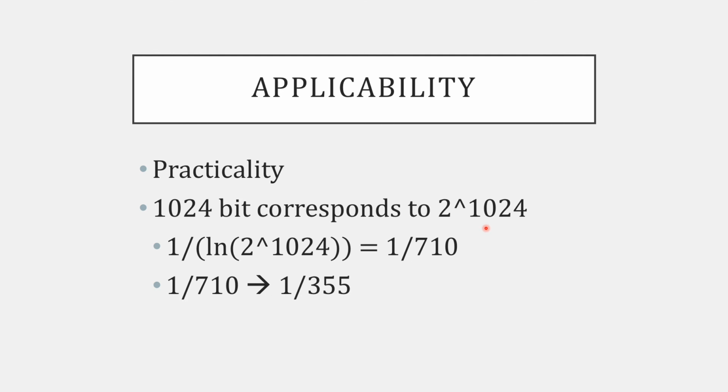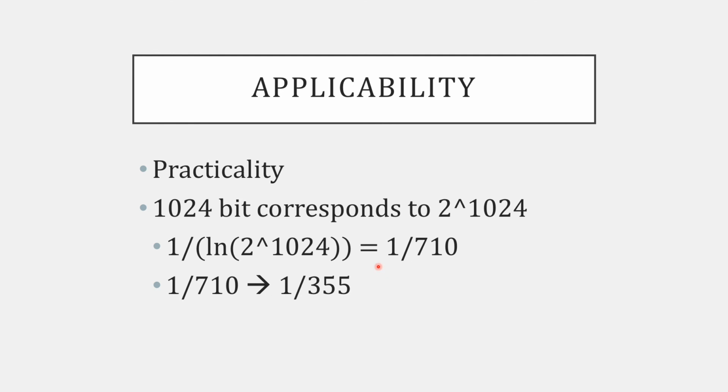Earlier, we said that if we pick a random integer p between 1 and x, the probability of p being prime is about 1 divided by the natural log of x. So we can simply plug in 2 to the 1024 power for x here and get 1 divided by the natural log of 2 to the 1024 power, which is approximately 1 divided by 710.